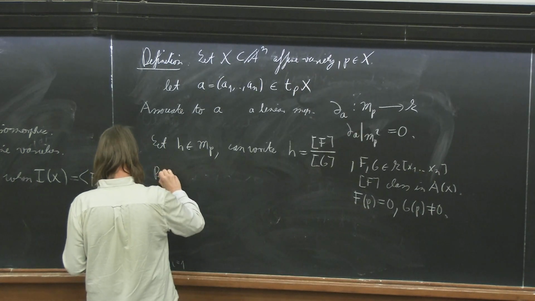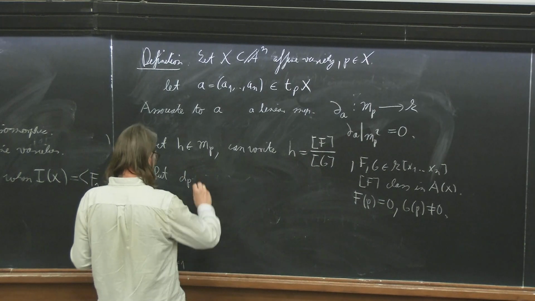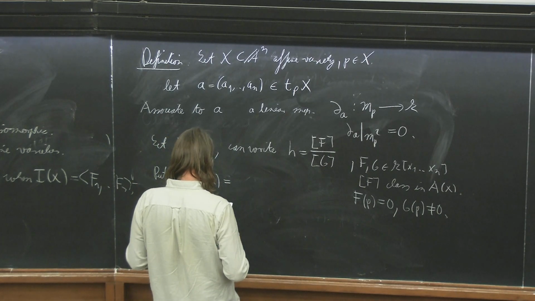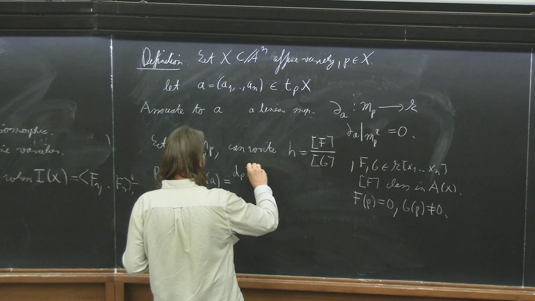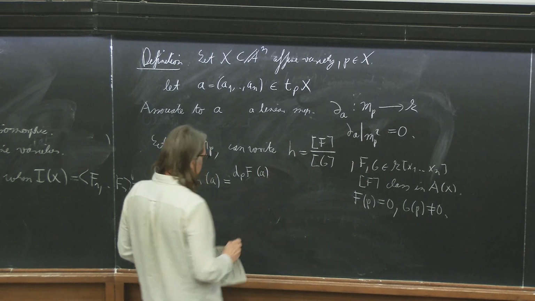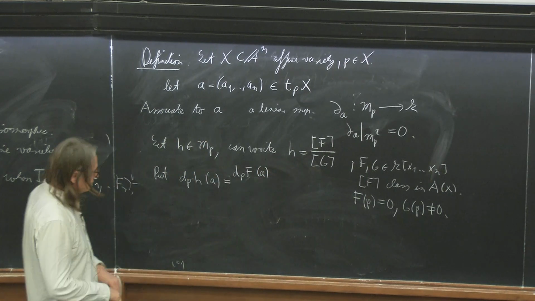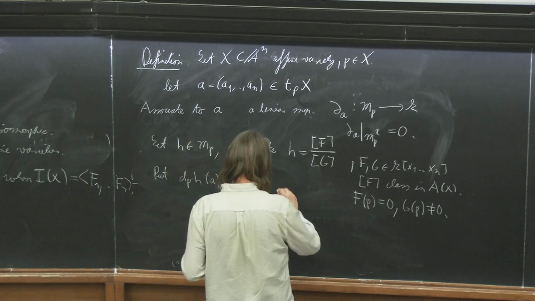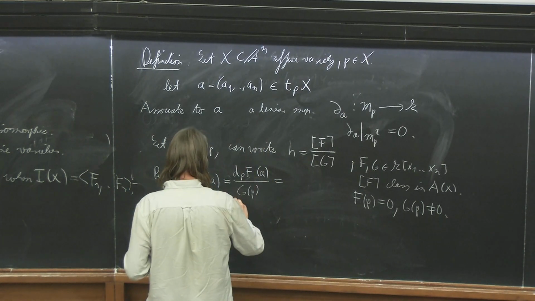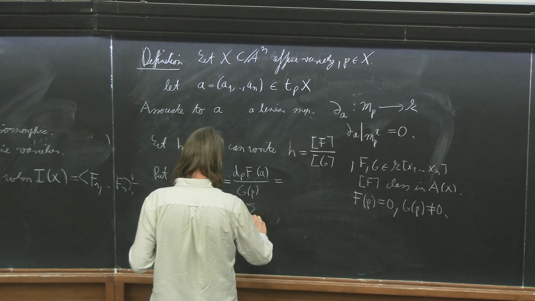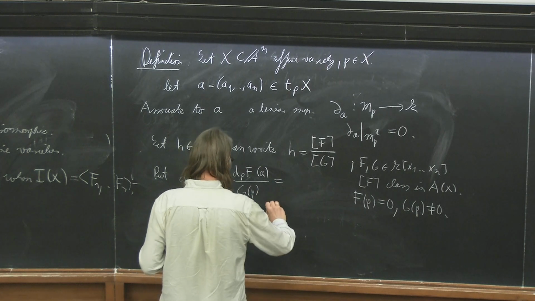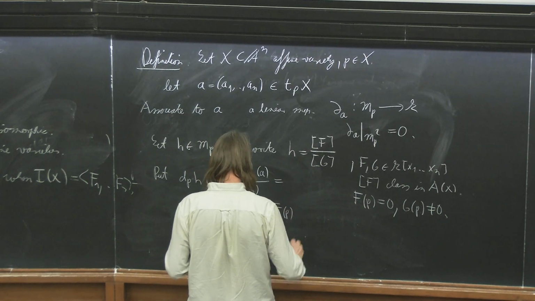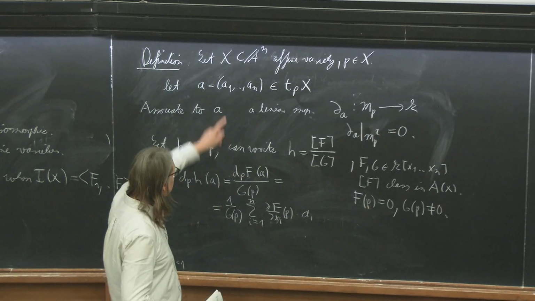We put dA of H to be: I take the differential at P of F, I apply it to A, because remember that the differential is just a linear map from K^n to K^n, and divide by G of P. So explicitly, this is equal to 1 over G(P), sum i from 1 to n, partial f by partial xi at P times ai, the ith component here.